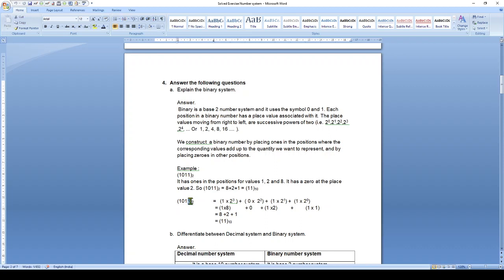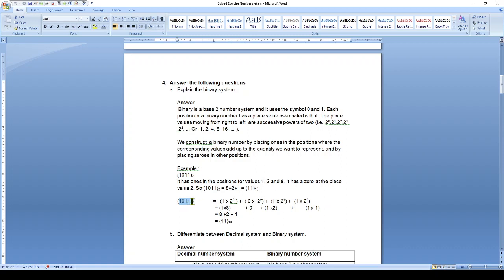This is 0, this is 1, 2, 3, like this. Okay? So from right to left, you have to count. Are successive powers of 2. That is, the power is 2 to the power 0, 2 to the power 1, 2 to the power 2, 2 to the power 3, 2 to the power 4, like this, and so on.